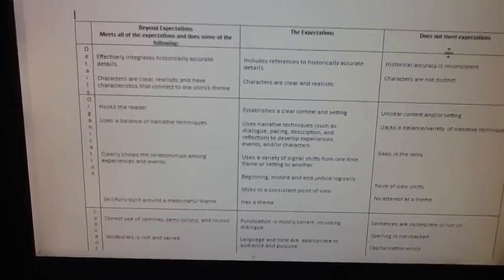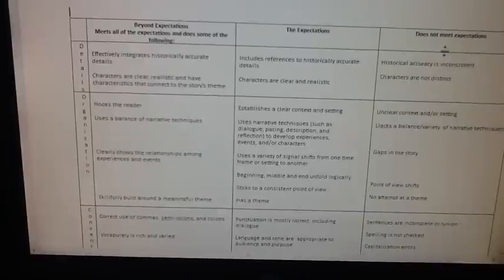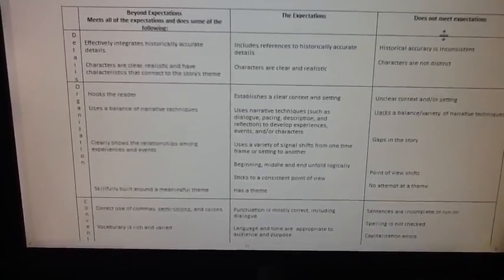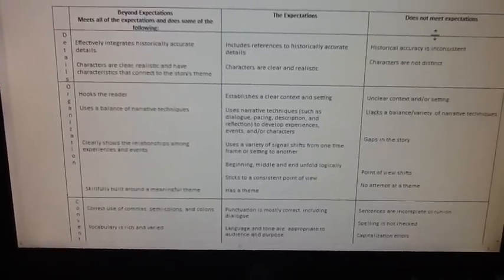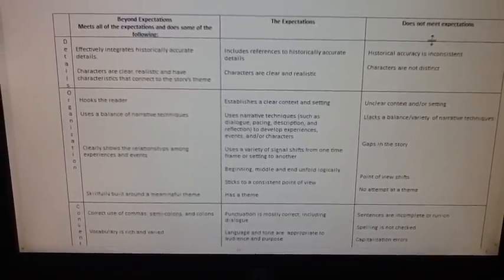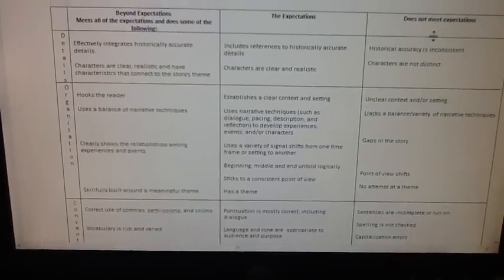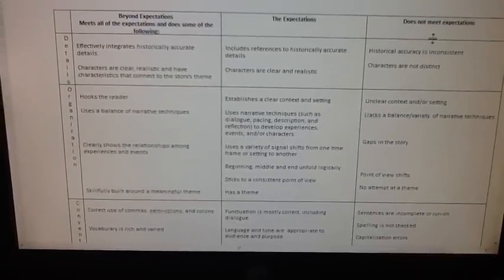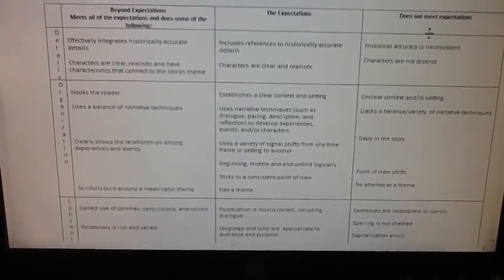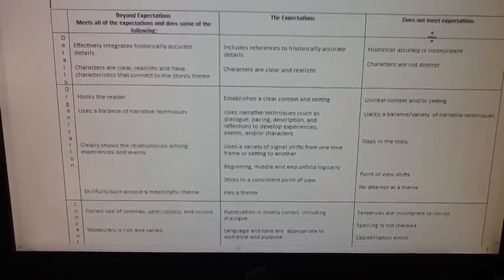Make sure you establish a clear context and setting for your story. I'll talk about context again later on. Setting, you should know, is the time and the place, including what it's like around there. Use enough detail to make it come to life for your reader, but don't put in so much that you have unnecessary details.